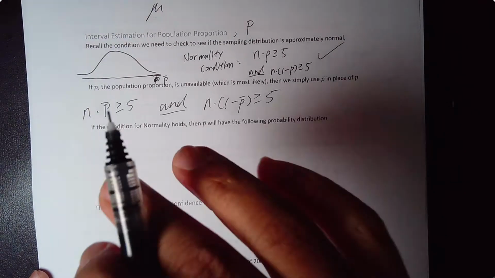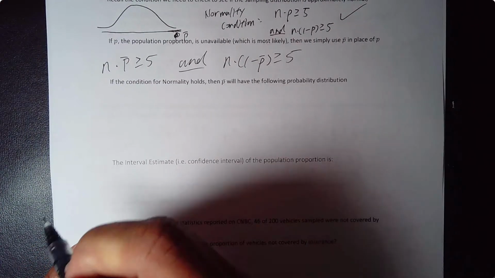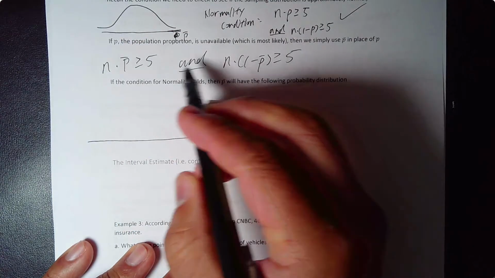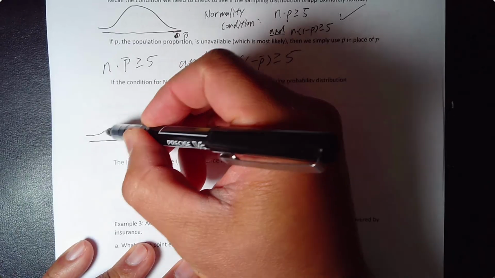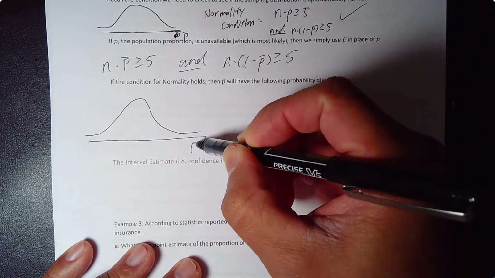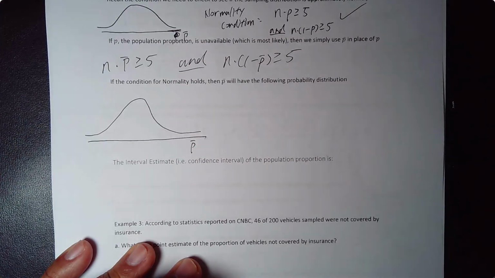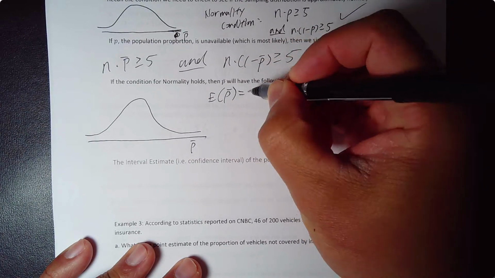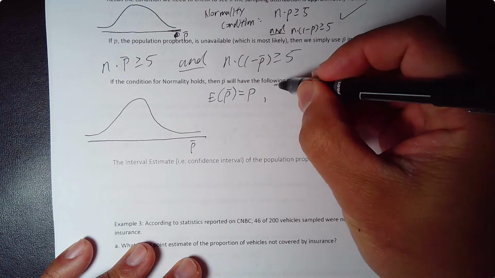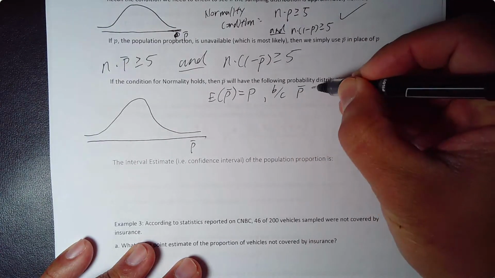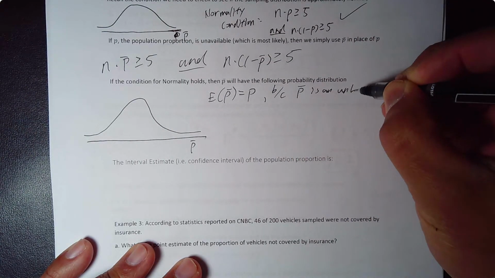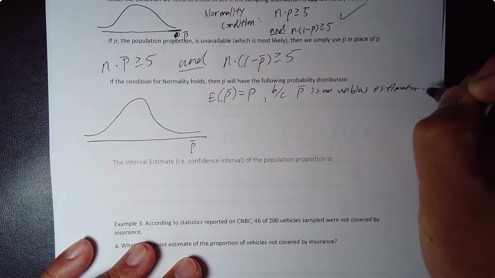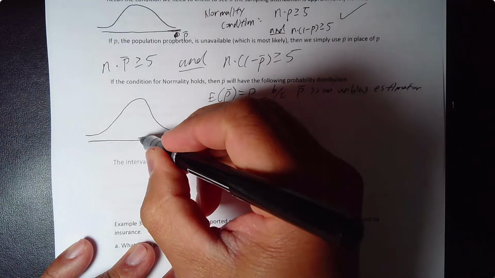If that condition holds, then p bar will have the following distribution. First, p bar has a normal distribution. Second, the expected value of p bar equals p, because p bar is an unbiased estimator, so it's centered at p.